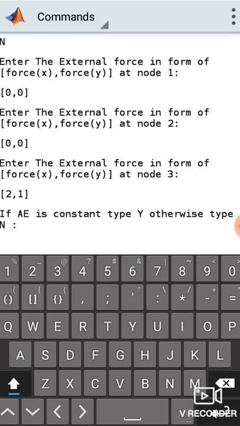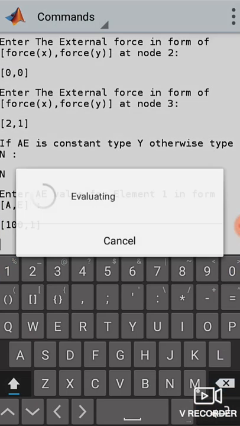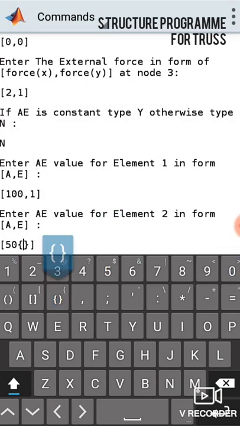Now it is asking me, is the value constant or not? For each element of the truss my value is different, so I am writing n. Now I am individually taking the input. My A value is 100, 1. For the second element 50, 1.